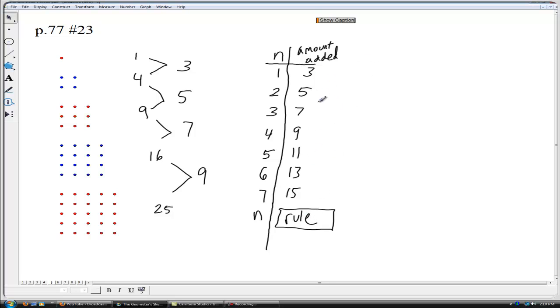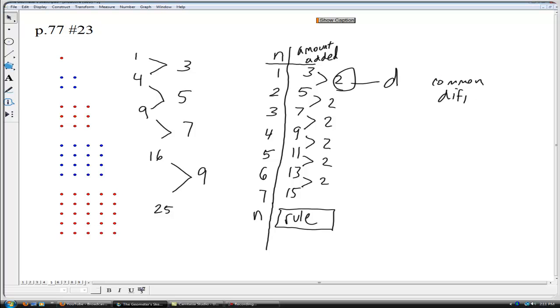This particular pattern, let's look at differences again. We're adding 2 to get the next term. 2, 2, 2, 2, 2. That's the difference between 5 and 3, between 7 and 5, and so on. So what we call this is the letter D, which is our common difference.